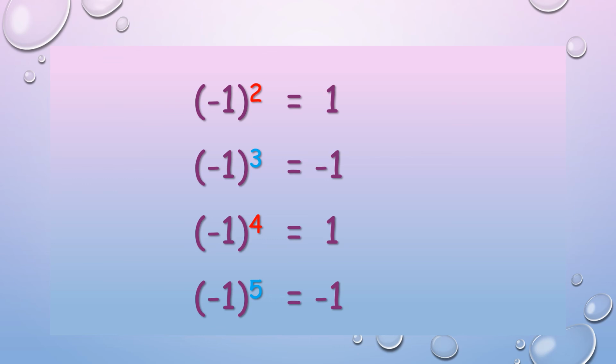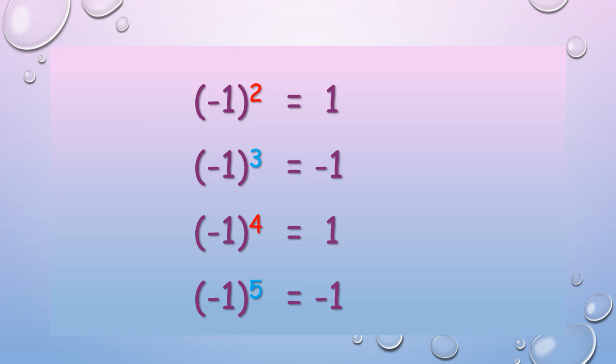What happened? When the power is an odd number, then the answer is negative. When the power of a negative number is an even number, then the answer is positive. That's the thing.